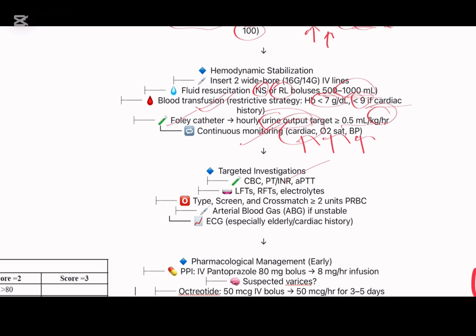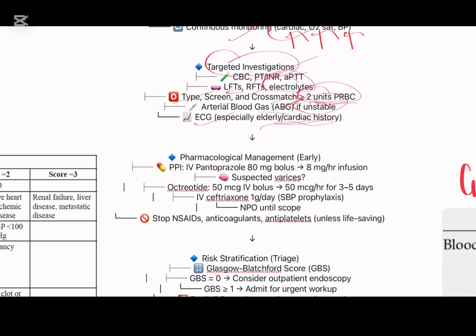Now we have to send some investigations: CBC, PT/INR, APTT, LFT, RFT, electrolytes, blood grouping and screening, cross matching with 2 units of PRBC, ABG if the patient is unstable, and ECG especially in elderly patients with cardiac history. We should give pharmacological therapy of pantoprazole 80 mg bolus, with antibiotics like ceftriaxone, broad spectrum antibiotics.